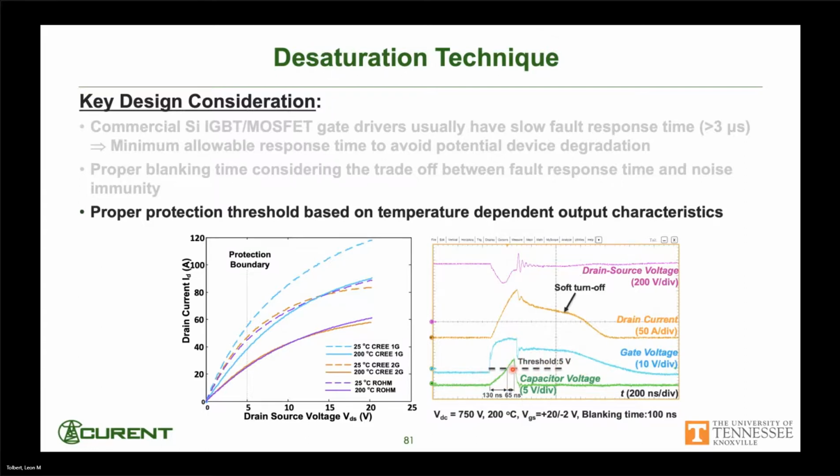And once we exceed that, that's when we want something to happen. So your short might start here, but then you don't exceed your threshold until here. Once that is exceeded, it takes a little bit of time for that to be detected and to take action and then to turn things off. You can see the soft turn off here.